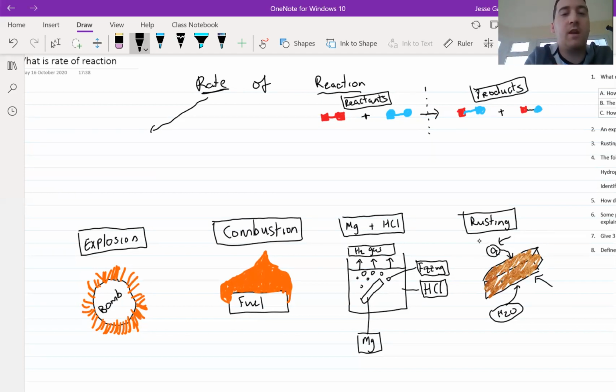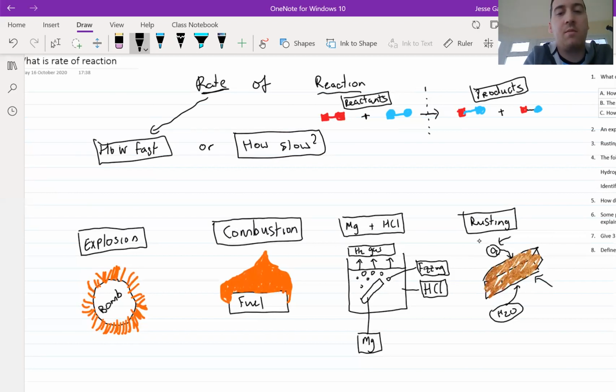Well, rate basically means how fast or how slow. So rate refers to the speed, how fast or how slow the reaction happens.